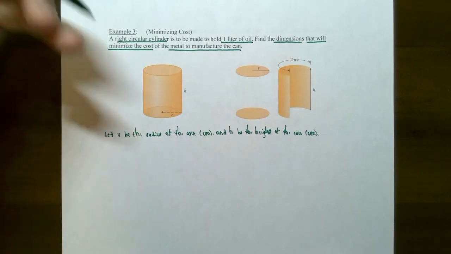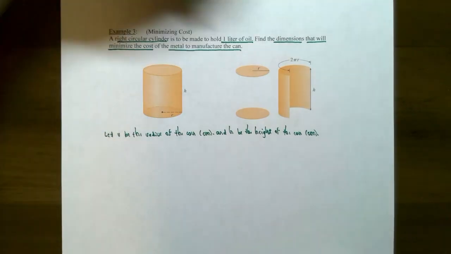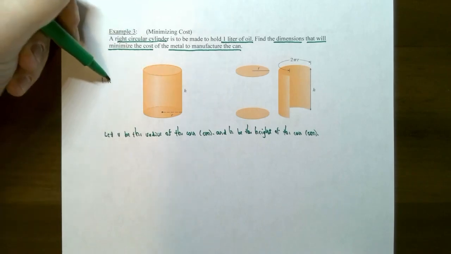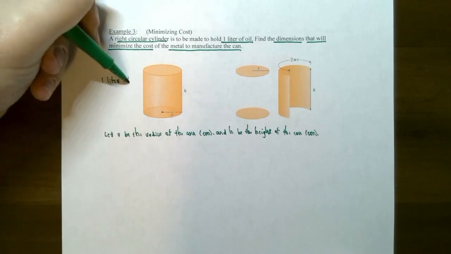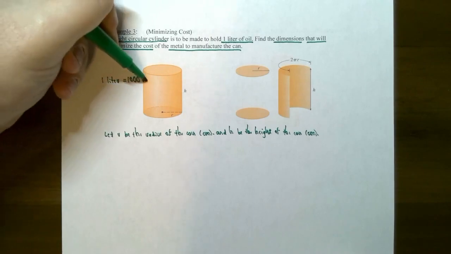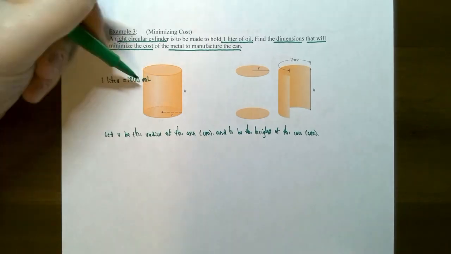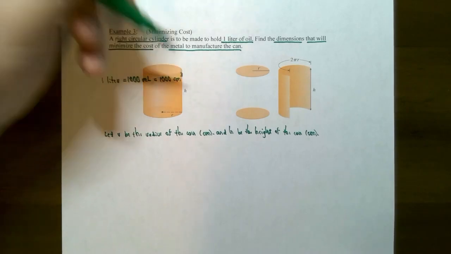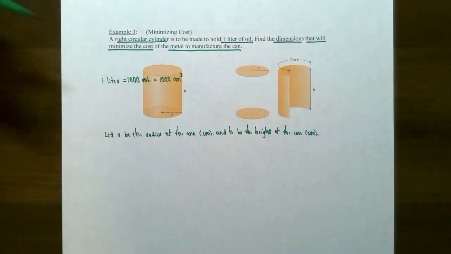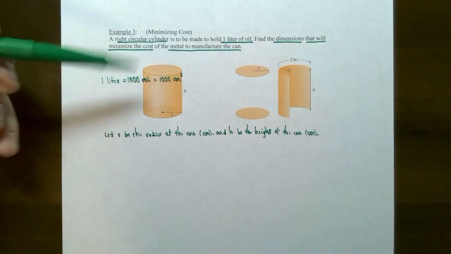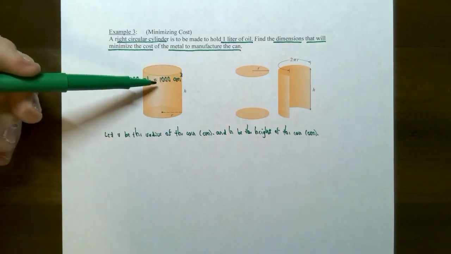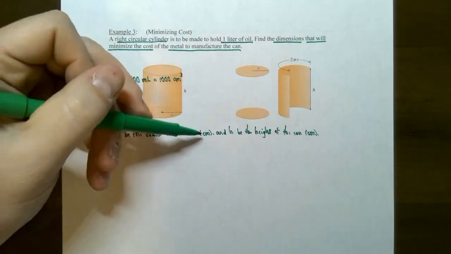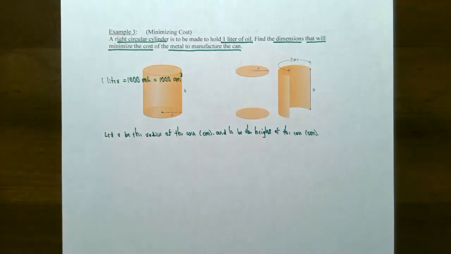Alright, so the units are centimeters, even though centimeters doesn't even appear in the problem at all, because 1 liter, if you remember the metric system, is 1,000 milliliters, and milliliters is cubic centimeters. So the volume of this can that we're trying to form that minimizes the cost will be 1,000 cubic centimeters. So the radius is in centimeters, and the height will also be in centimeters.